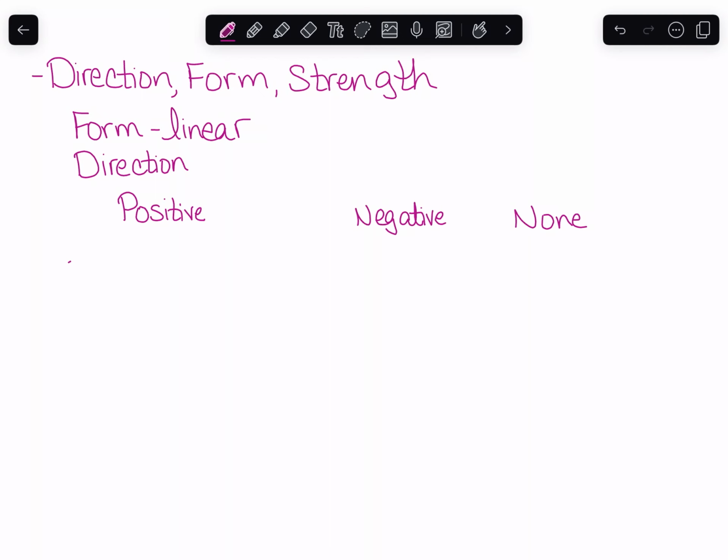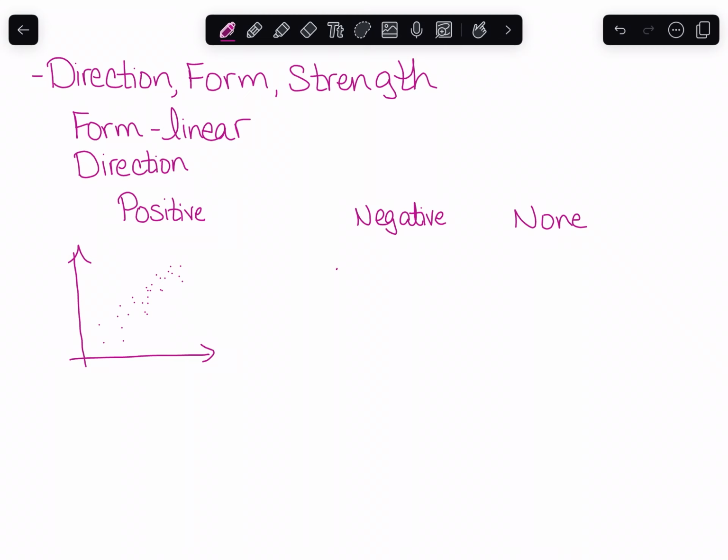A positive linear relationship occurs when, as the values for the x variable increase, the values for the y variable also increase. This is similar to the second scatterplot we looked at, but the idea is that the points move up and to the right. A negative linear relationship happens when an increase in the x variable causes the y values to decrease.